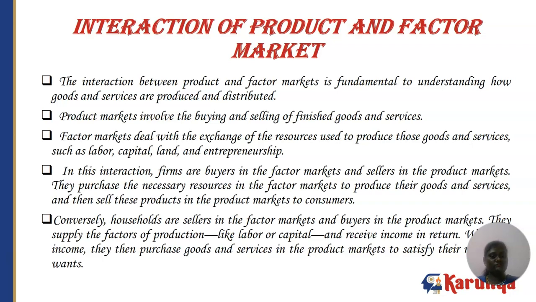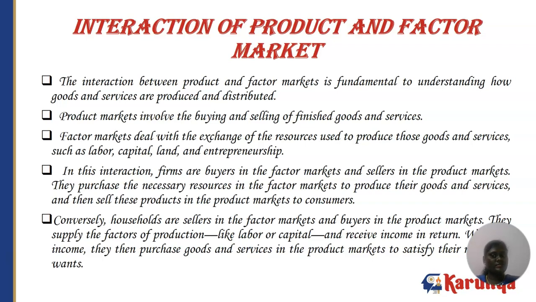In this interaction, firms are buyers in the factor markets and sellers in the product market. Firms have to buy these resources in order to produce the goods, such as land and entrepreneurship.